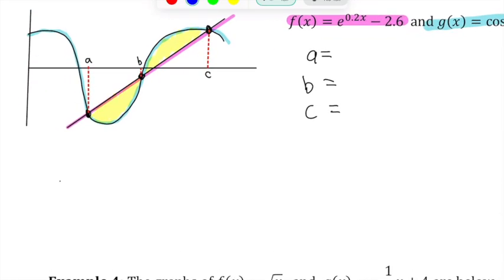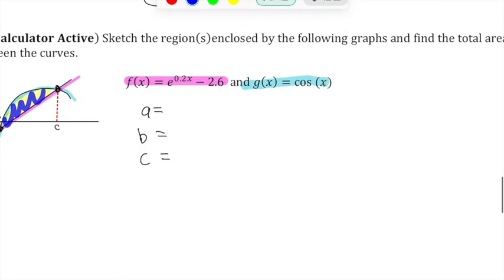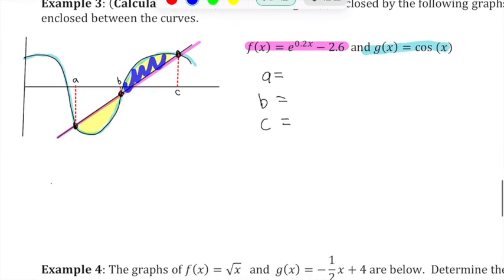Now, here we have two separate areas. We have this area plus this area, because again, it's asking us for the total area enclosed by the curves.